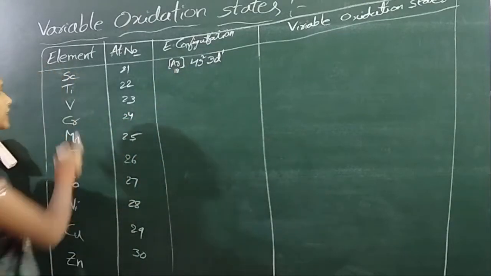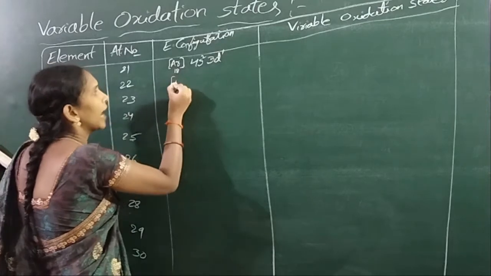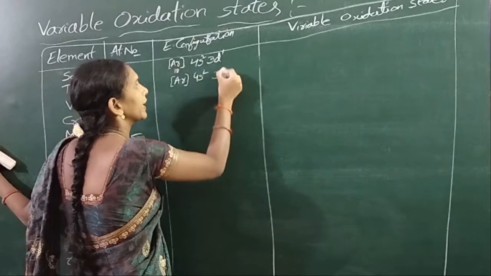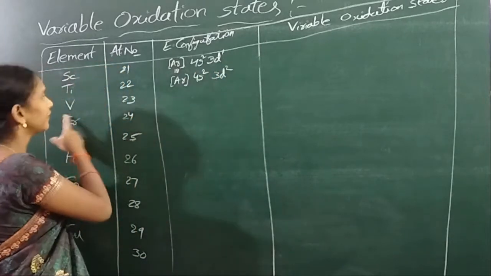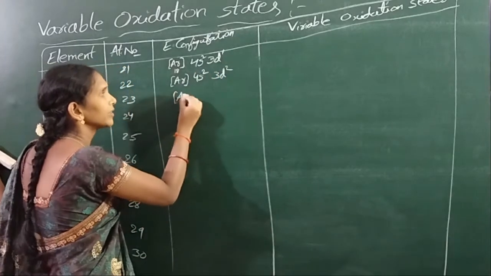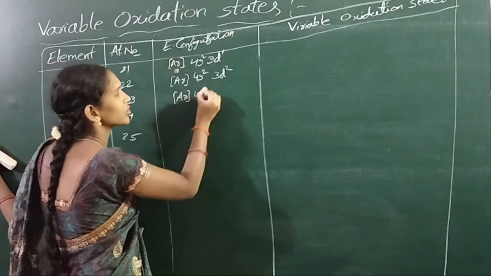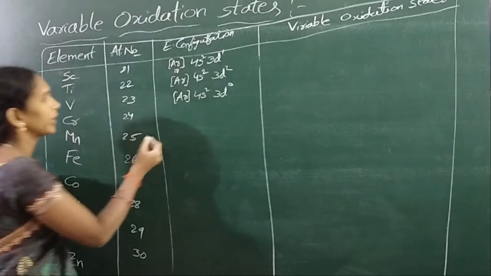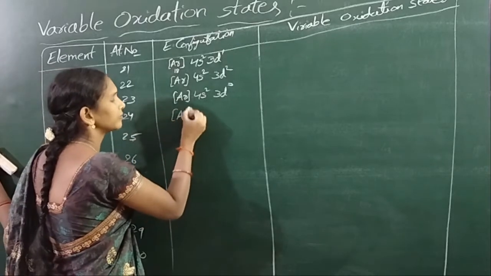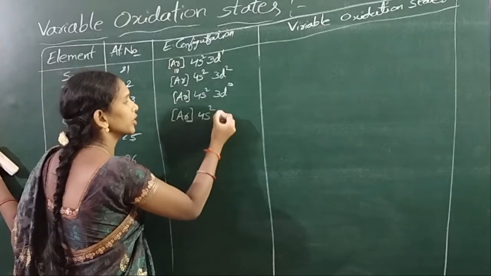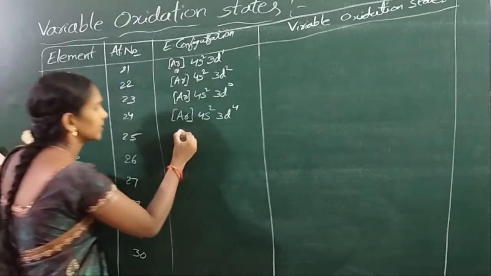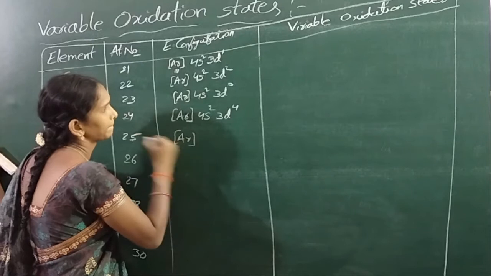Titanium is argon 4s2 3d2, then vanadium argon 4s2 3d3, and then chromium argon 4s2 3d4.